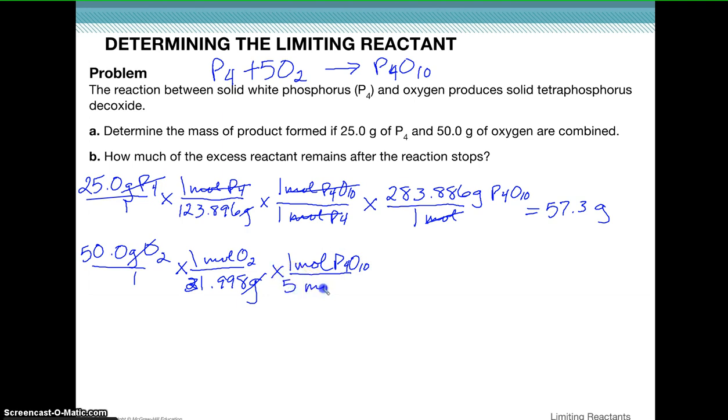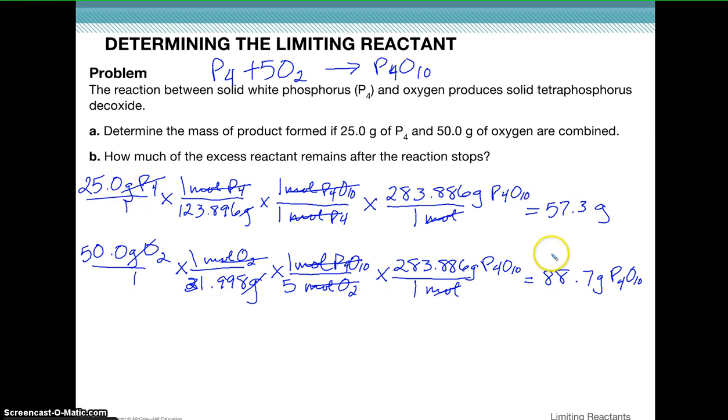This time it's 5 moles of O2, so those cancel. Again, molar mass of product per mole, so the moles cancel. Okay, so now if oxygen is the limiting reactant, we would make 88.7 grams of P4O10.